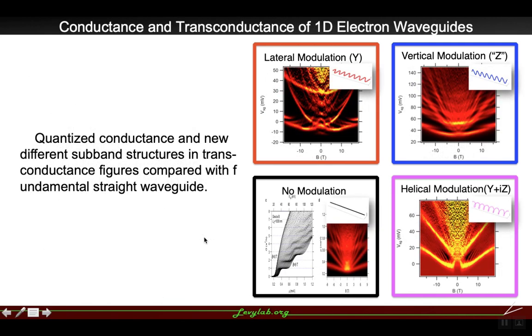So these are some figures about this waveguide. We could see some new different band structures in the transconductance figures. We can compare it to the straight waveguide.